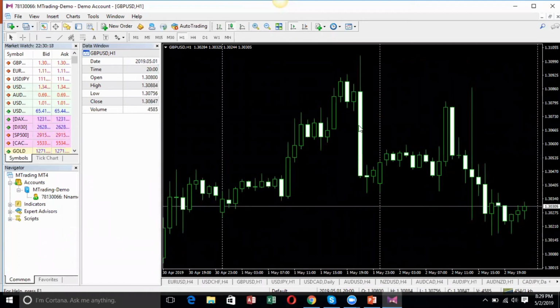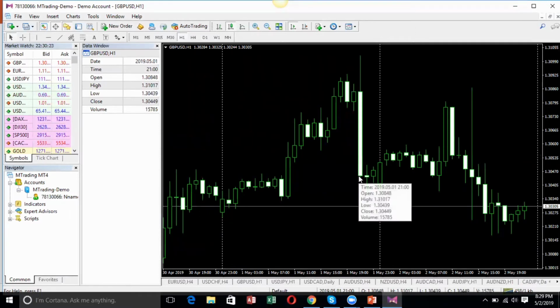Okay, looking at this candle now. Placing our cursor at the tip of this candle, can we see the open of this candle? The open is 1.3084, and the close is 1.3044.